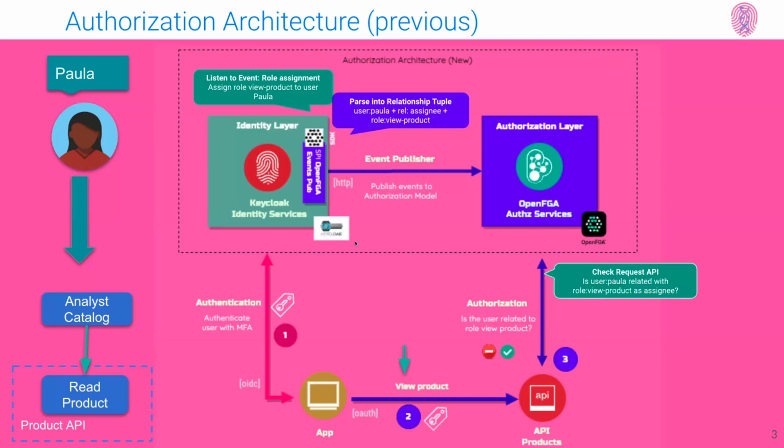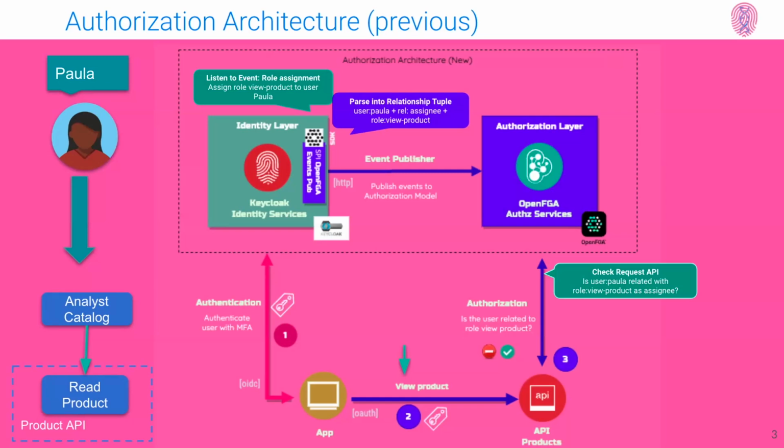In the workshop, it's quite easy to follow because you have a demo application. Every single time that you want to authenticate, the application delegates the authentication with OpenID Connect to the identity provider, and then receives the identity tokens, which are the ID token and the access token. Here we are talking about OpenID Connect and OAuth 2. Then when the app tries to access the API products, in the previous version of the demo, the policy enforcement point was applied at the API level.